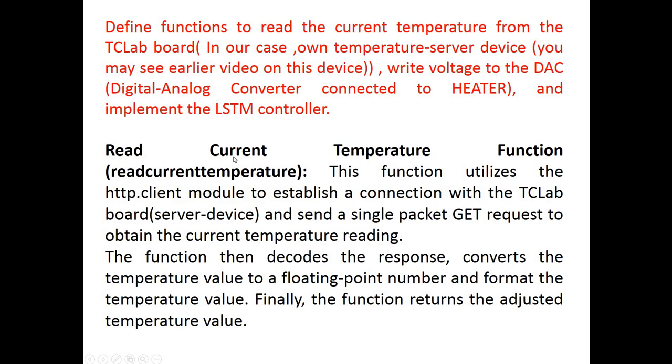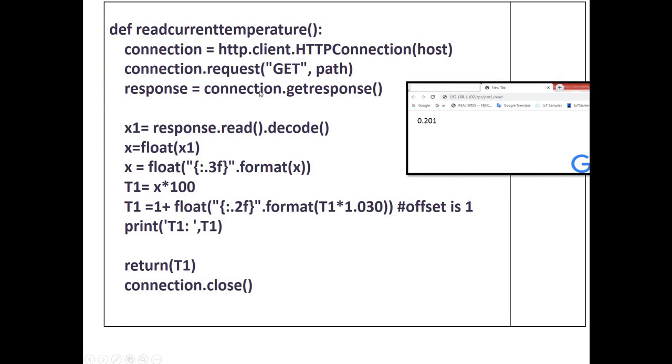Now you have to read the temperature from the device. The device is an HTTP server. Simply connect it to your LAN port and read the temperature from the thermocouple sensor. You see one single GET request, and you can see this in a browser.